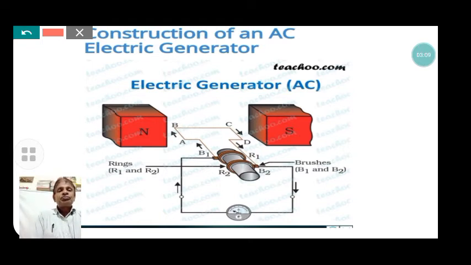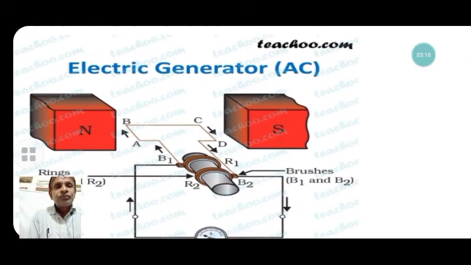R1 and R2 are two copper rings, which are called slip rings.